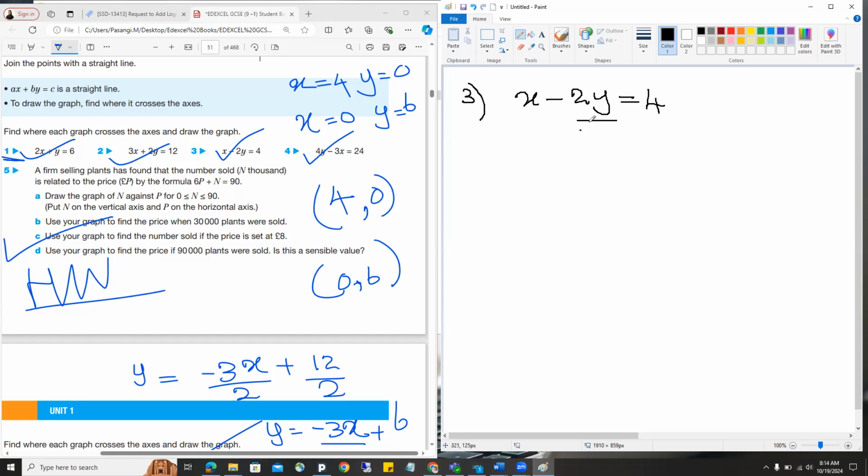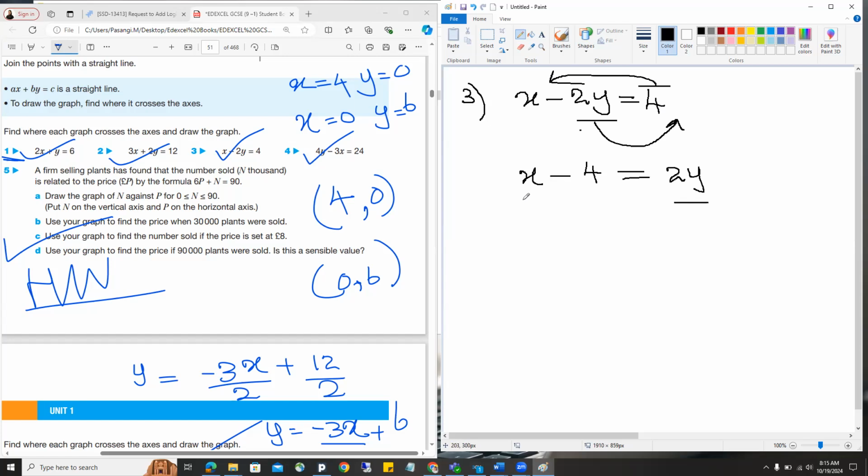We can take this y term into the right side, and this 4 can be taken to the left hand side. So we have x minus 4 is equals to 2y. Okay. Yes.